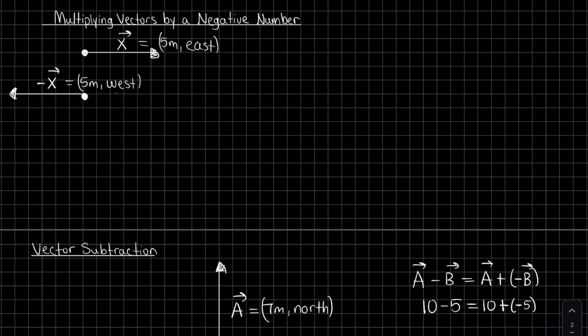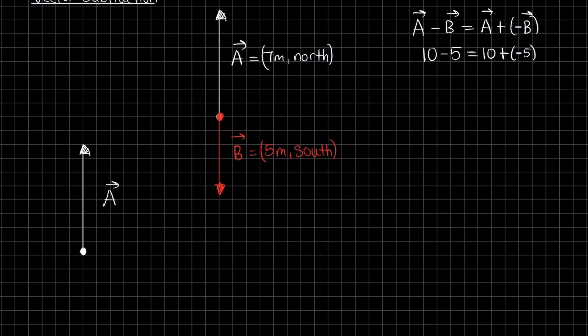The vector flips. This one went from east to west. So if vector B is 5 meters south, then minus B is going to be 5 meters pointing towards the north. So from the same starting point, vector negative B is going to be 5 to the north. 1, 2, 3, 4, and 5. And this is what I'm adding. Using my vector addition rules, the tail of the second vector goes on the tip.